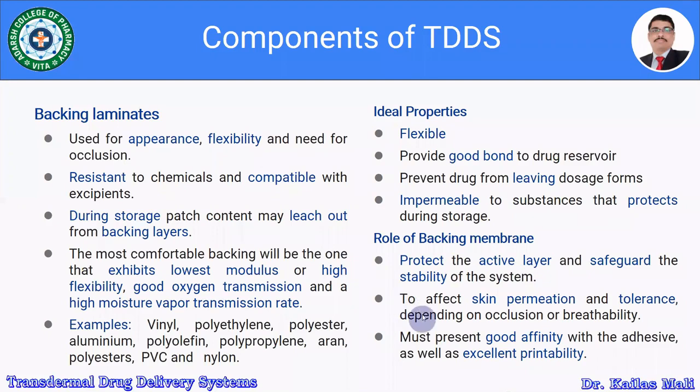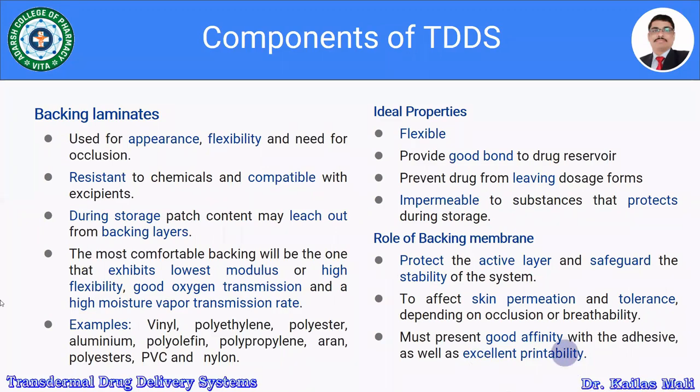Furthermore, it is going to affect skin permeation and tolerance depending on occlusion or the breathability. It must present good affinity with the adhesive, as well as excellent printability. So this is about the backing laminates.